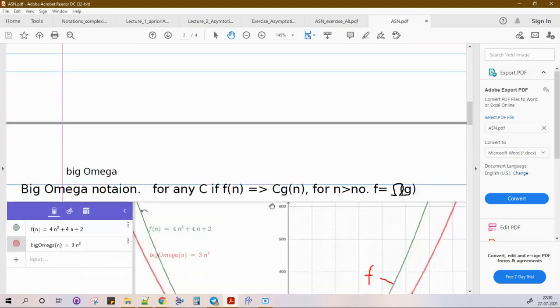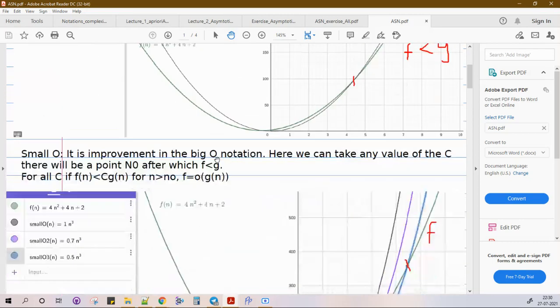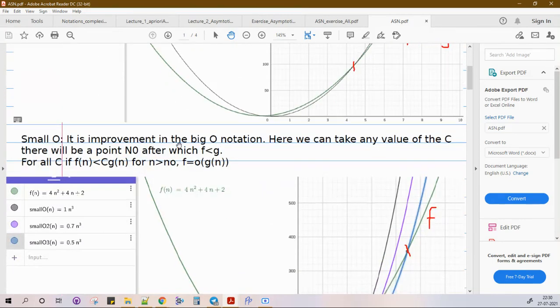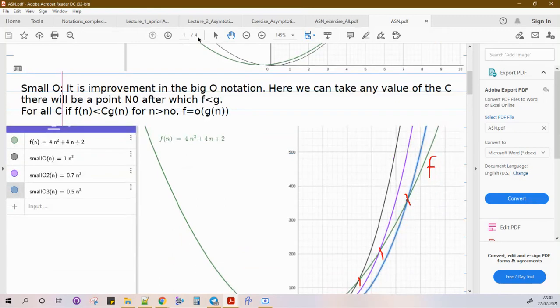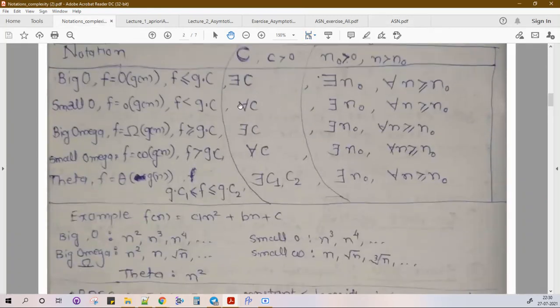So small o is nothing but a small improvement in the big O notation, that after n0, for every value of c, your function is strictly less than g multiplied by c, right?